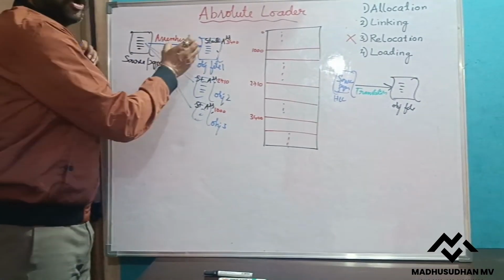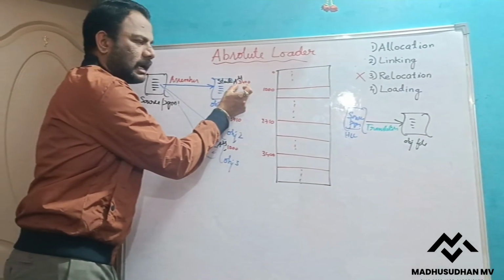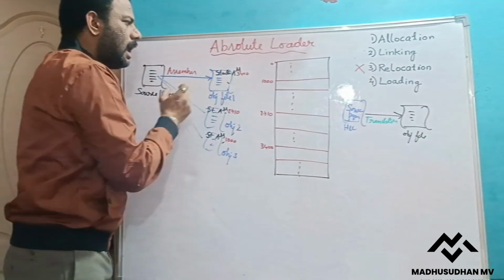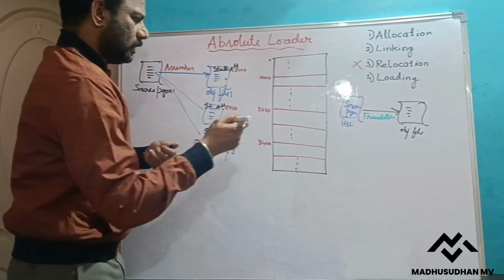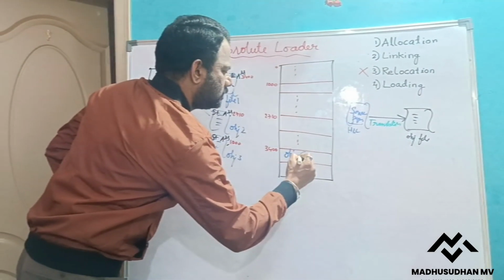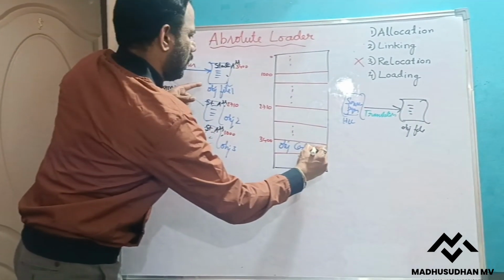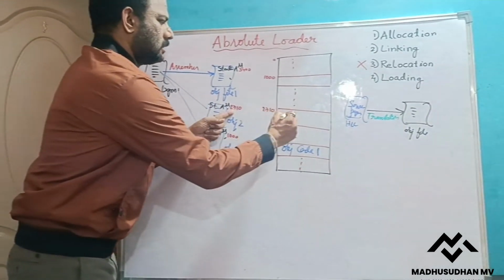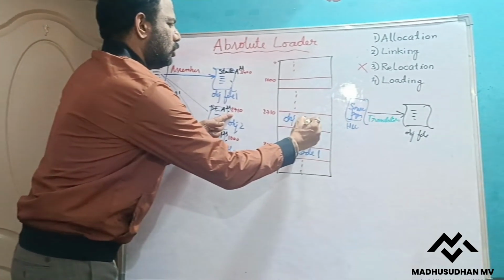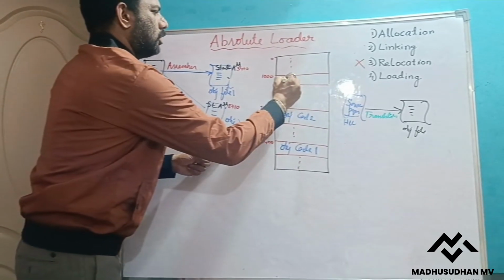When it generates the object code, it also specifies the starting address and inserts it at the beginning. Object code 1 will be stored here, object code 2 at this address, and this is object code 3.